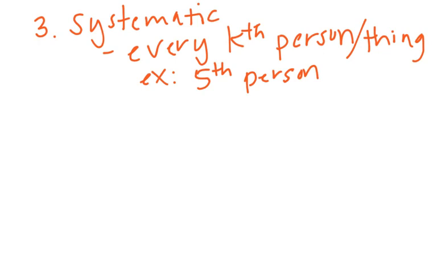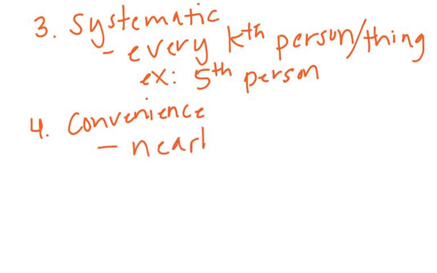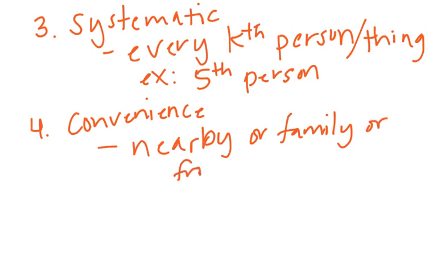Number 4 is convenience. Convenience is the cheater way to go. Convenience says, I talk to you because it's convenient. So people nearby or family or friends. This is often a biased sample because your friends tend to think like you.